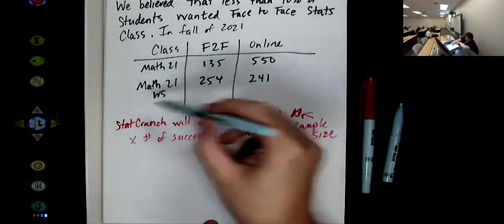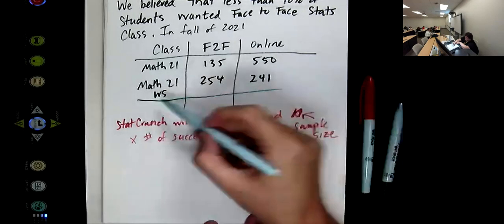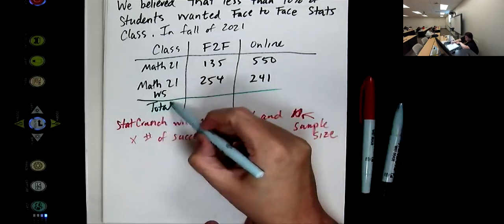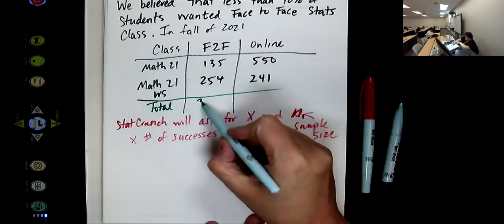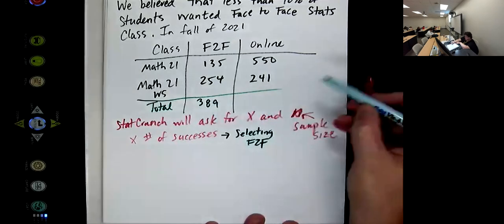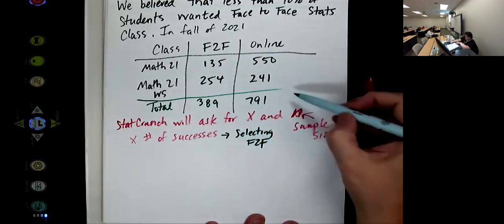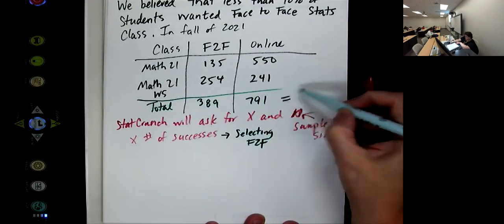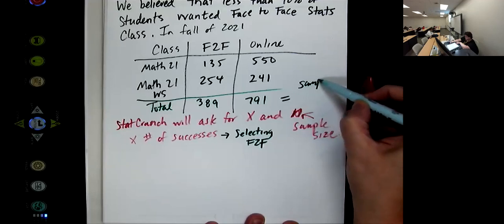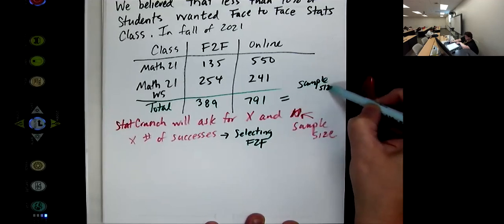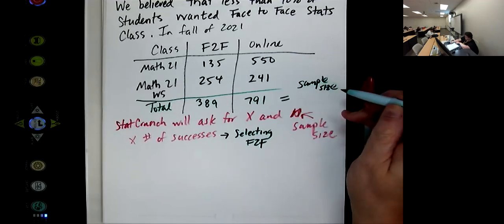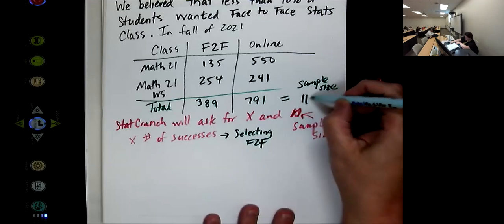So if I add up each of these columns, this is 389. This is 791. And if I add those up, I'll get the sample size. 389 plus 791 is 1180.